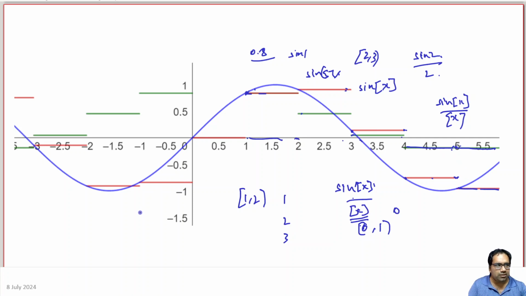Similarly, when you are talking about sine of minus 1, that means between 0 and minus 1. This is sine minus 1, and this by minus 1 again, so that becomes plus. That's why this is the graph. Now between minus 1 and minus 2, it becomes sine of minus 2.